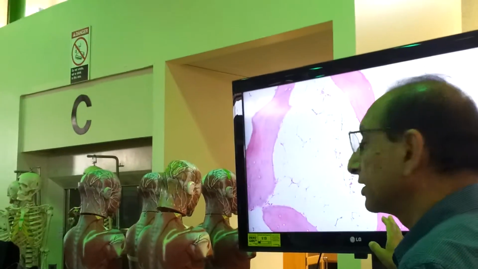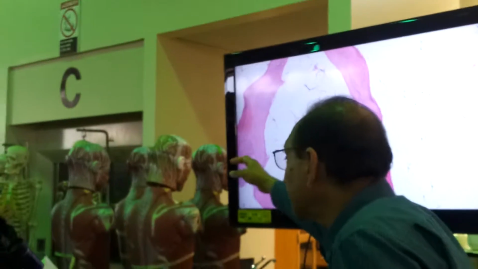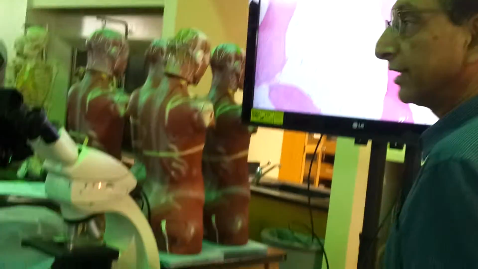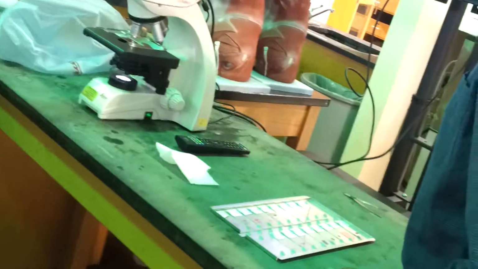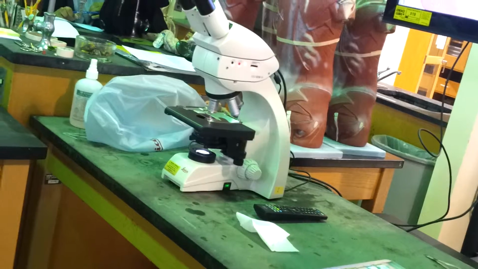What do you call this part here? Trabecular. This is a trabecular, right? They separate these spaces. And spaces are not empty. Spaces contain red bone marrow. They are the ones which make the blood. And you can see what kind of cell is this?